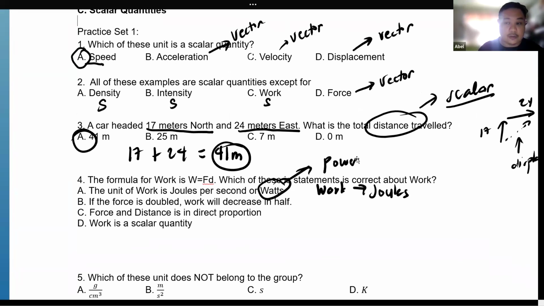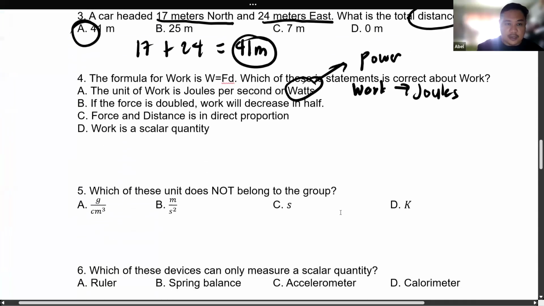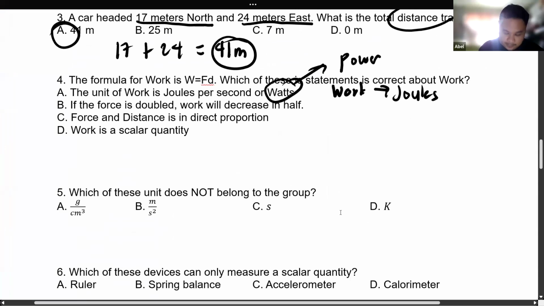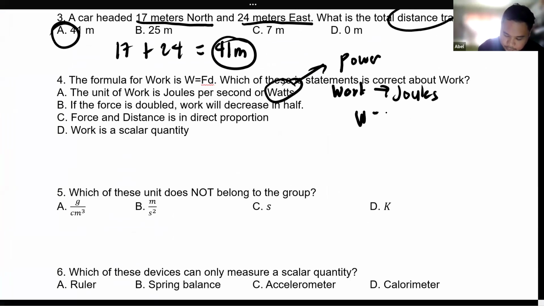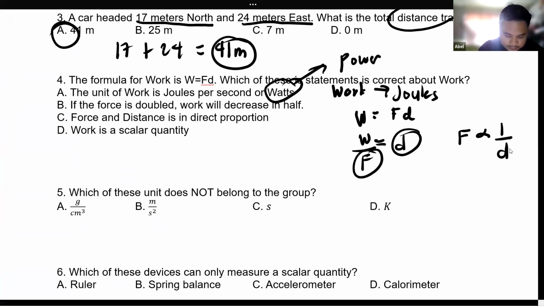Okay, now how about letter B? If force is doubled, work will decrease in half. You have to watch my previous video about this. So since work is equal to FD, and if you try to derive here, work over force equals D, and look at the relationship between force and D, they are inversely proportional. So what does it mean?